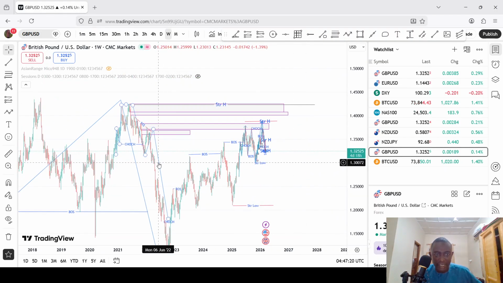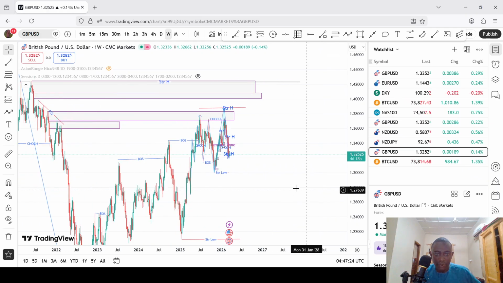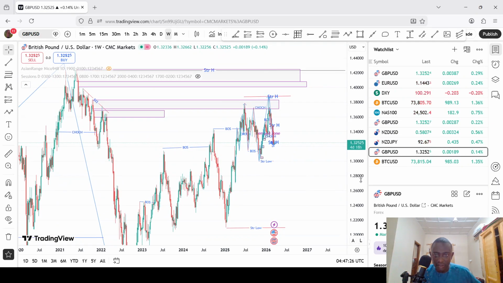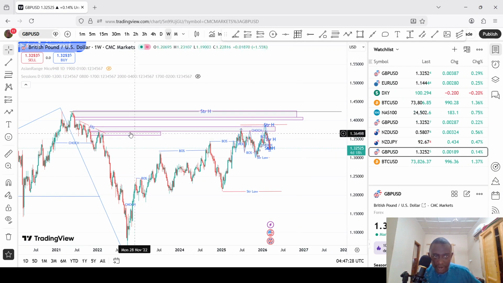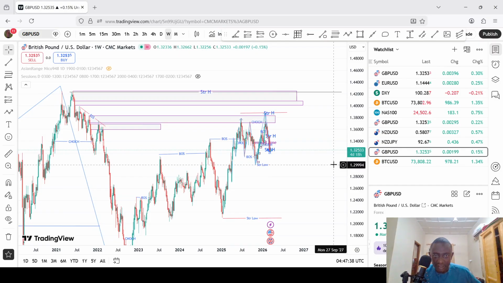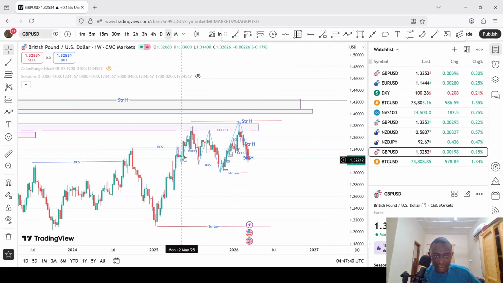So here I want to delete this to make our chart clean, and this one too. When price started this particular order block, we have seen that price came to that order block, then instead of continuing, it just came down below this particular level, like it was making some form of structure there.